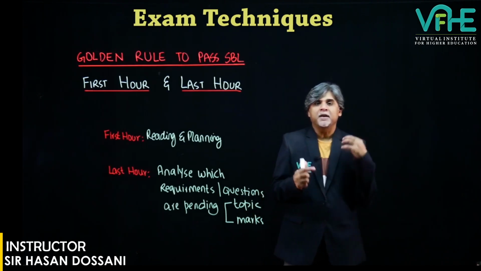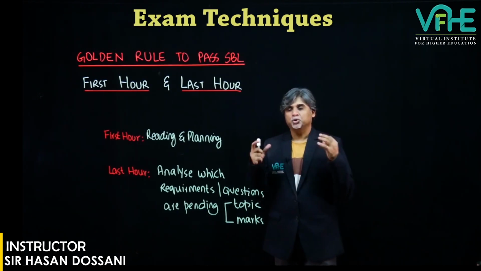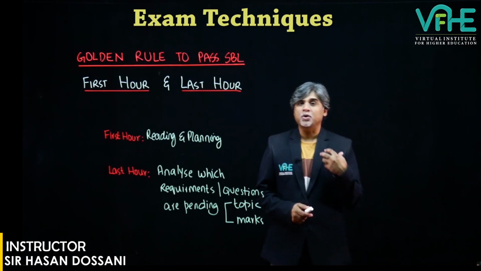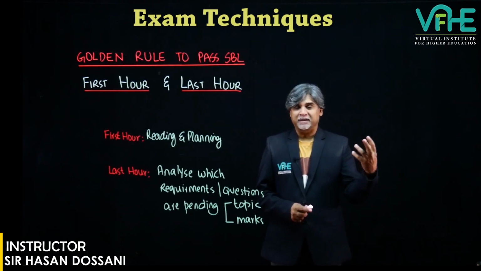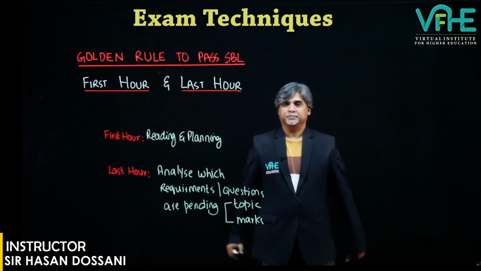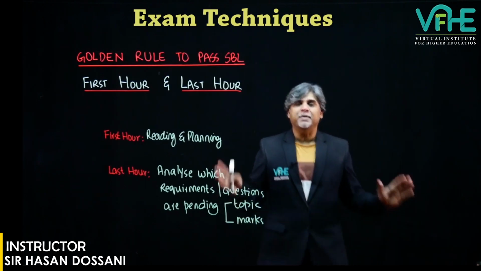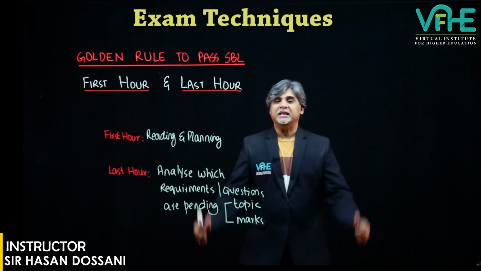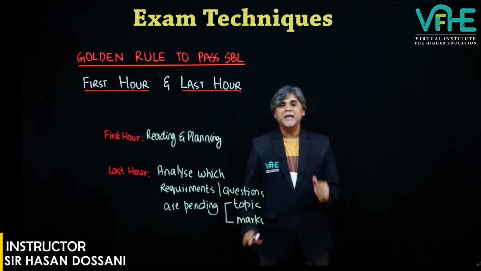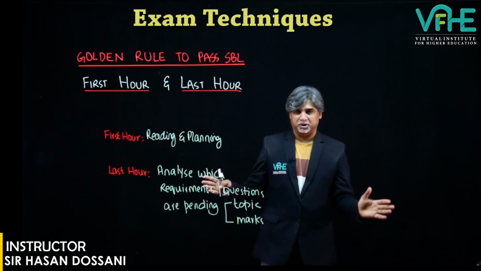Now this is the time where you should decide which part you should aim for. You should always select the requirement in which you are more confident, where you think you will be able to get extra marks. You should grab the low-hanging fruits. Here is the time where I don't care about the sequence of the questions. Yes, we have to follow the sequence of the questions, although there is no negative marking if you don't follow the sequence.